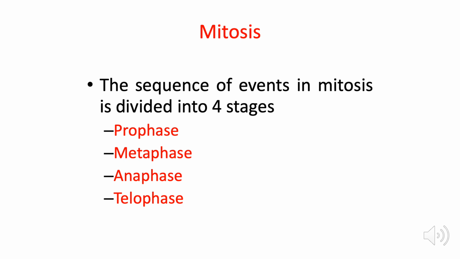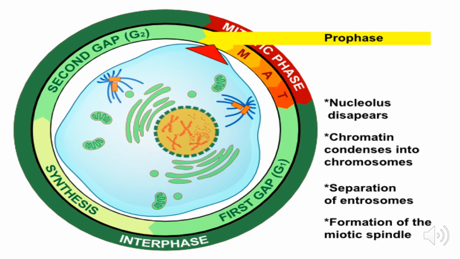Again, the 4 stages of mitosis are the following. They are arranged in order: PMAT, prophase, metaphase, anaphase, and telophase. The first stage of mitosis is prophase. We will be discussing the different events that will happen to the cell if the cell will enter the prophase stage of mitosis.